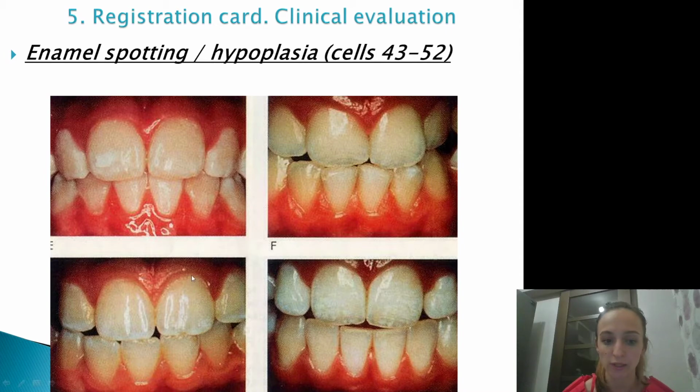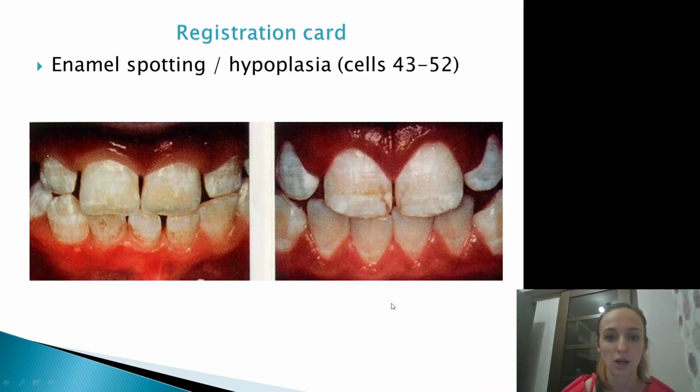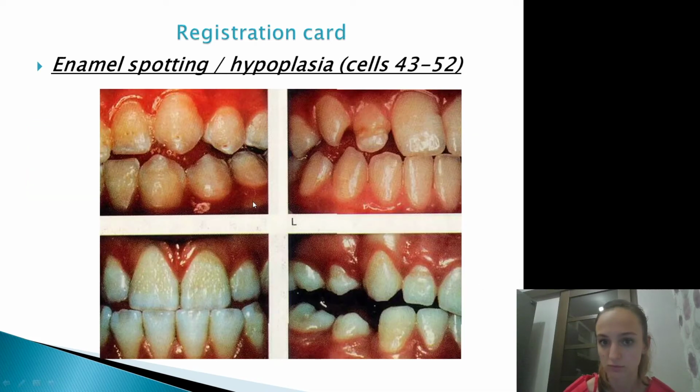And here we have the cases. Please look. White spotting. And here is a very hard form of enamel spotting, of hyperplasia of enamel. Please write in your synopsis that we write this information in cells 43, 52.